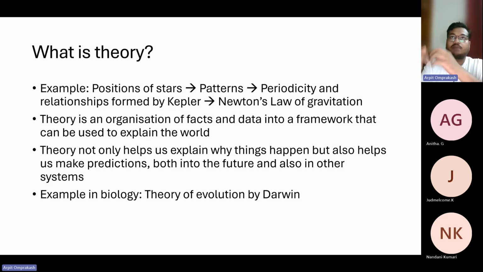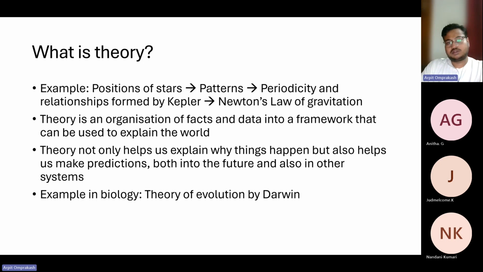And basically, Kepler was the first one who put it into mathematical terms and figured out that certain celestial objects have periodicity and how they're related to each other in terms of when they appear in the sky and so on.